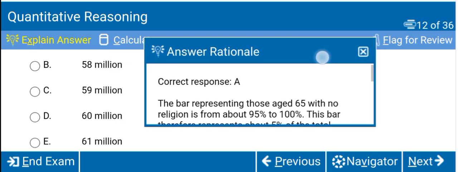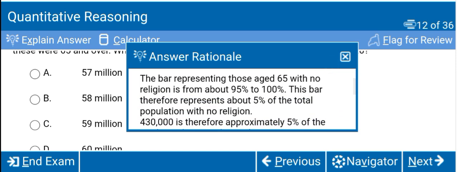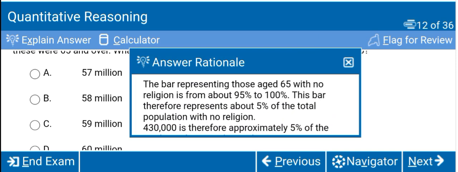So the correct response is option A, as the bar representing those aged 65 with no religion is from about 95% to 100%.